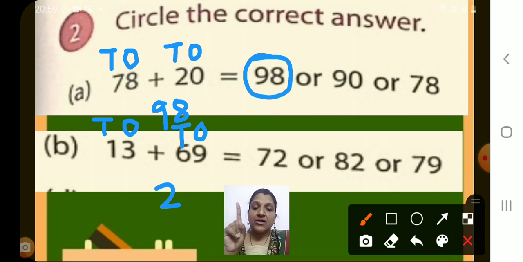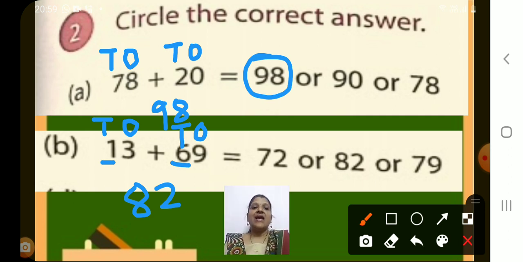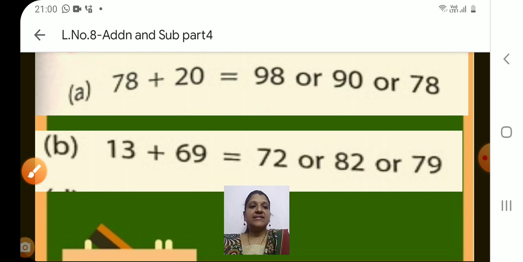Now let us do the addition of numbers in the tens place including this 1. So 1 plus this 1 is 2 and 2 plus this 6 is 8. So the answer for the tens place is 8 and the correct answer is 82. Circle it over here. Got it, children? Let's see some more examples.